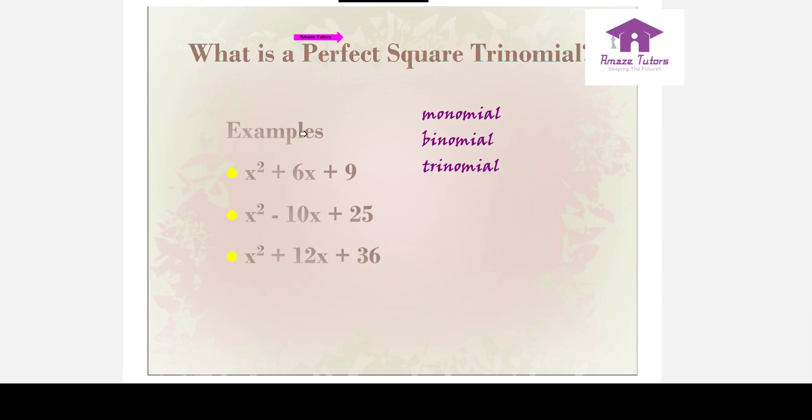Now, perfect square trinomial. I hope you have done the two formulas. A plus B the whole squared can be written as A squared plus 2AB plus B squared. There is another algebraic identity, also called a formula: A minus B the whole squared is equal to A squared minus 2AB plus B squared.